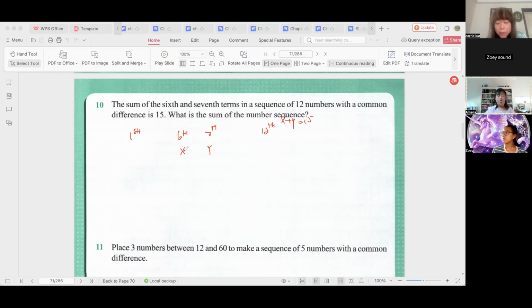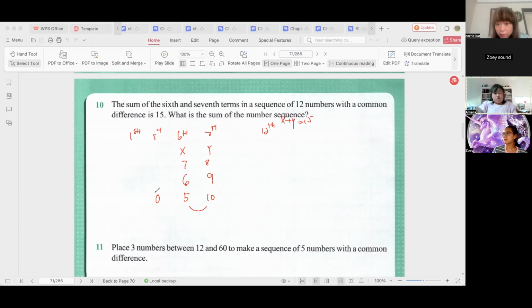Okay, so I don't know, right? But the thing is, we can say, what is the common thing for 15? Maybe it's 7 and 8, right? Maybe it's 6 and 9. Correct, Zoe? Maybe it's 5 and 10. But let's see, if it is 5 and 10, the fifth one will be 0. Correct?